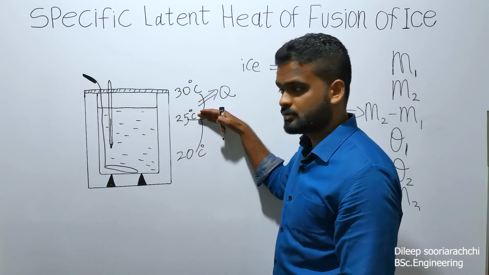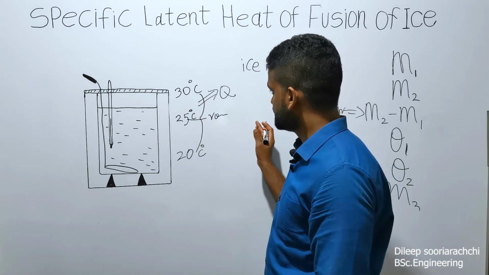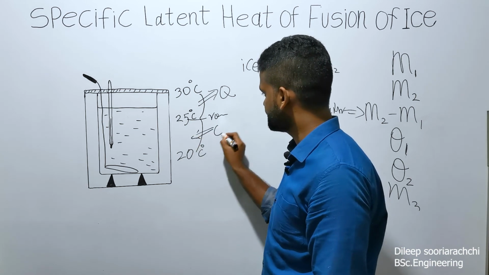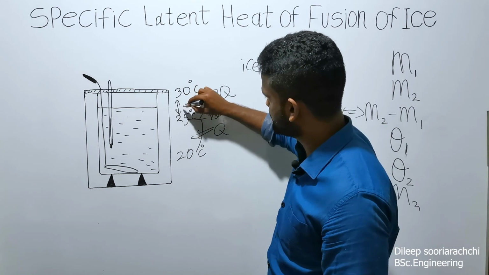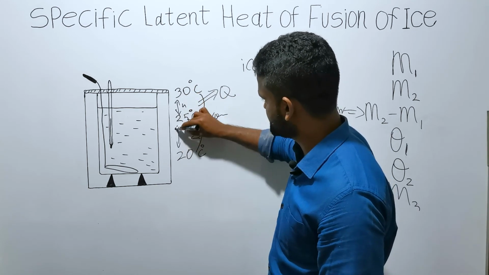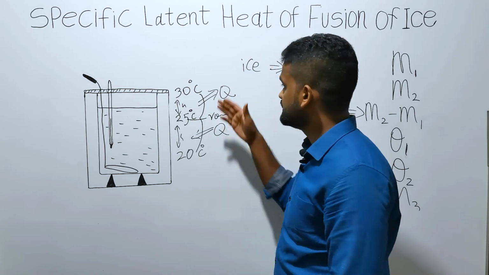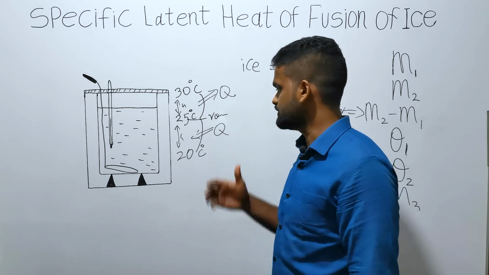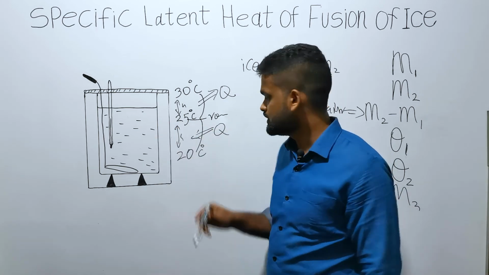When the temperature drops below 25 centigrades, heat is provided by the surroundings. Since these ranges are the same, 5 centigrades each, we can say that the heat supplied to the surroundings is equal to the heat provided by the surroundings to the system.